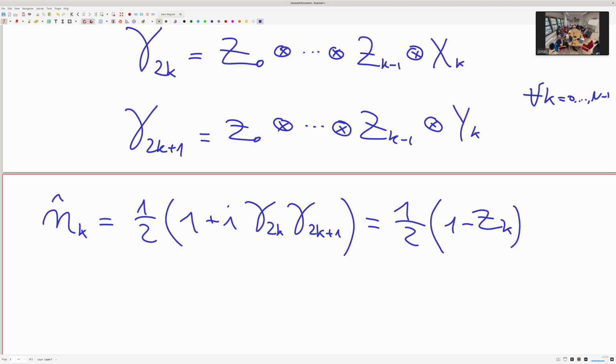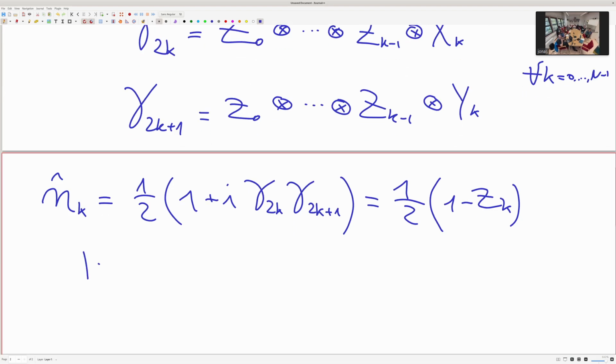So essentially this occupation number, which we use to define this occupation number basis, as the basis of common eigenstates of the n operators, is essentially just the computational basis, because it's the basis where the Z operators are diagonal.